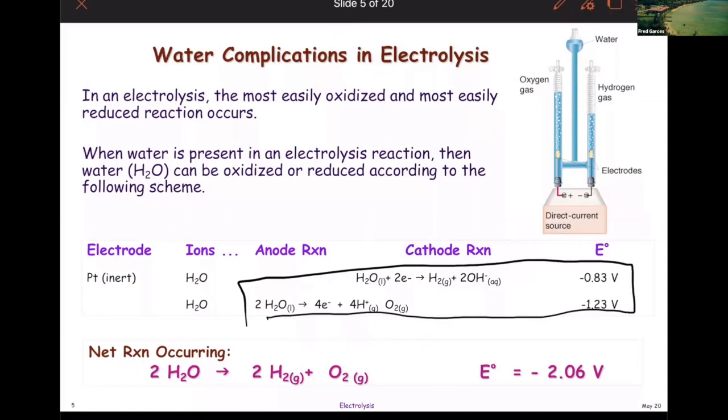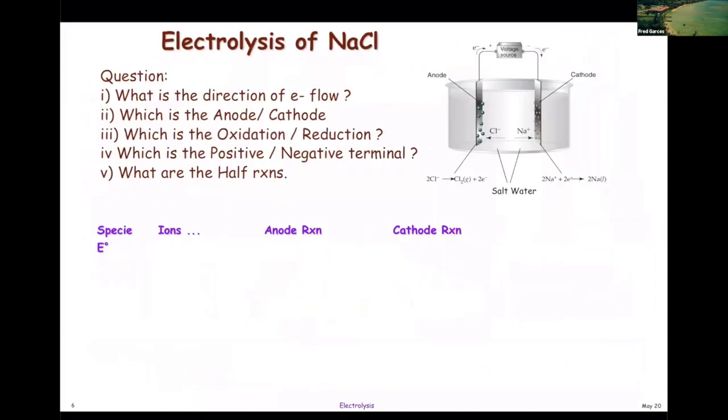So let's go to this particular diagram. Now we have seawater, and seawater, as you know, has sodium chloride and water. So if we want to know what is the net reaction that takes place if we put two electrodes and then we use an electron pump or a battery to drive the reaction, what is the likely reaction?